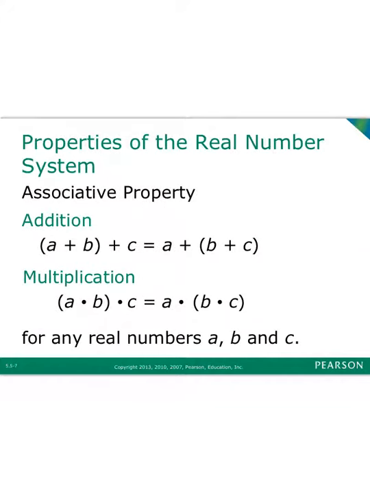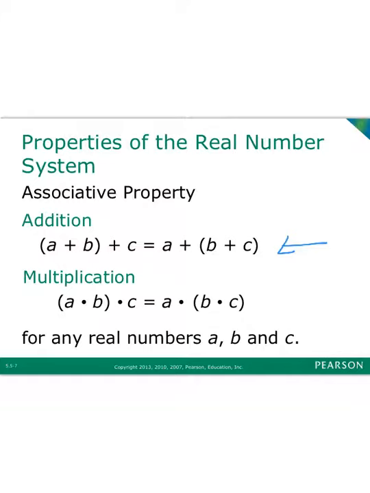We also have the property called the associative property, which I call the regrouping property. So for addition, if I have, for example, parentheses a plus b, we would do that operation first, and then we would add c. We see that this is equal to a plus the group b plus c.